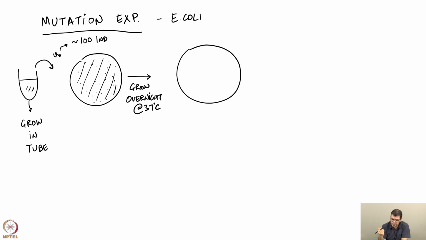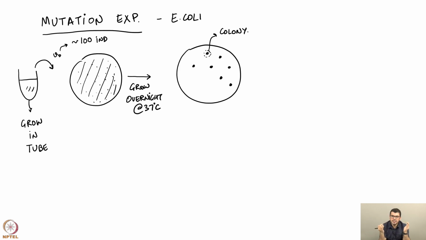By the time I give it 14 to 16 hours, there would be many cells and they would look like little mounds on a plate, and each of these mounds is called a colony.